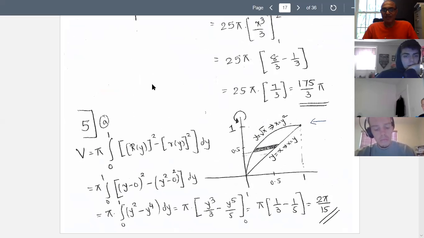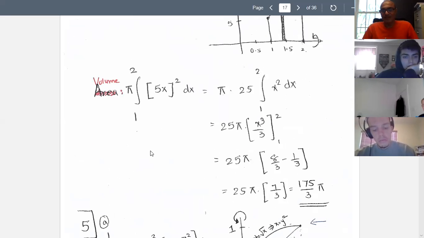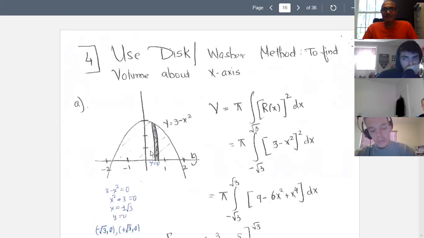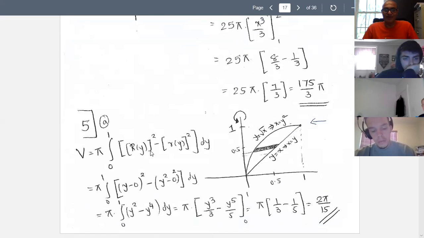Now another example, I would like to consider the Washer method. Guys, please be careful for one of the examples, question number 5A in your practice test. You are given a region, but a picture will not be provided to you.